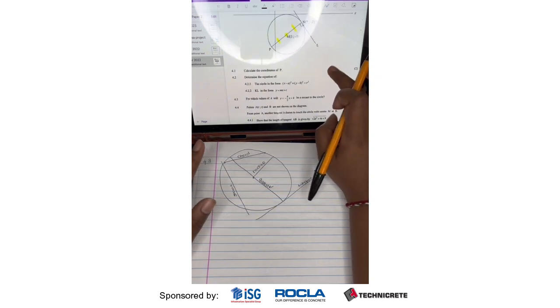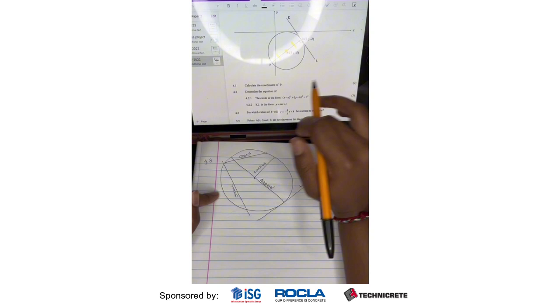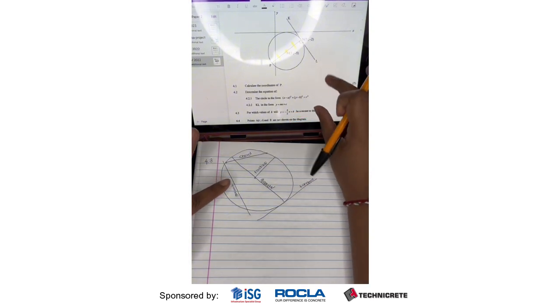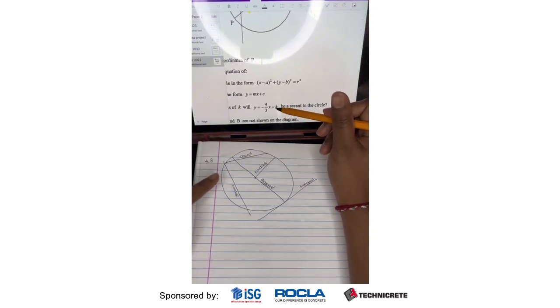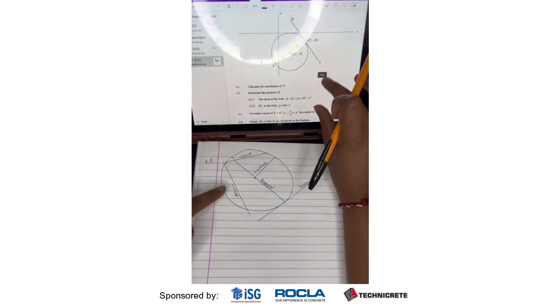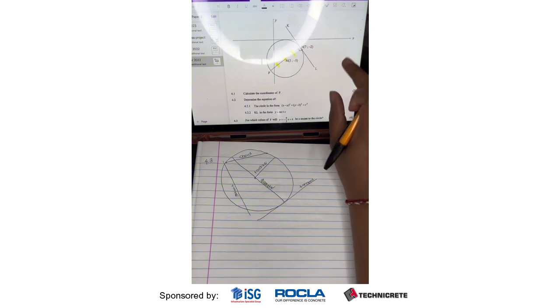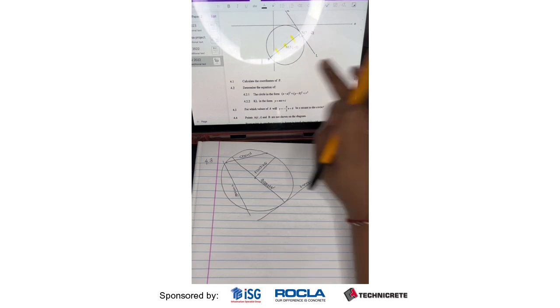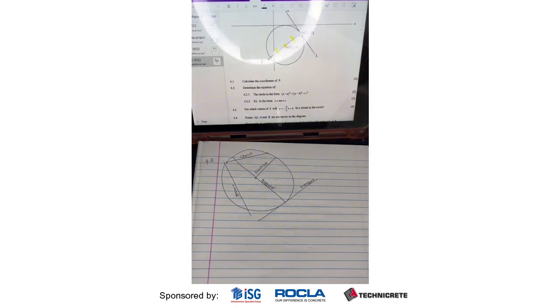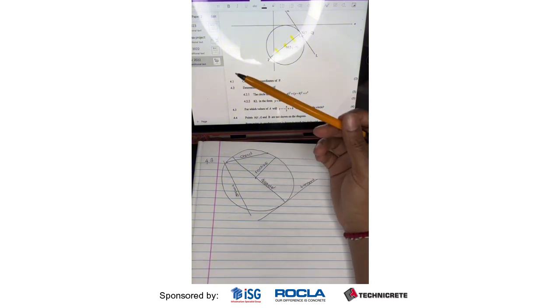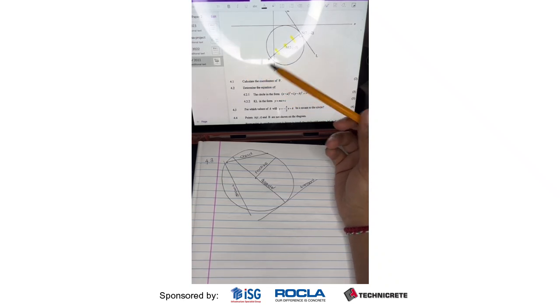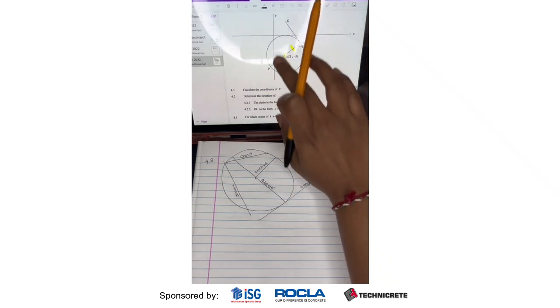So here they are saying for which values of k will y, the equation that we just calculated, be a secant to the circle. So looking here, it's most likely going to be values related to p, and we're going to have to find the c values that are related to if it were to be here.